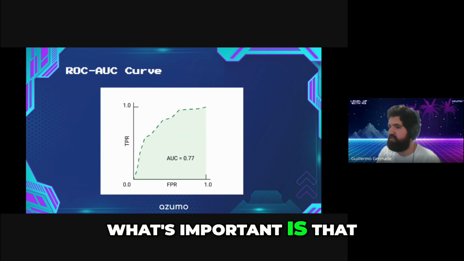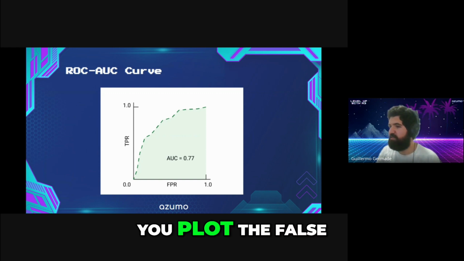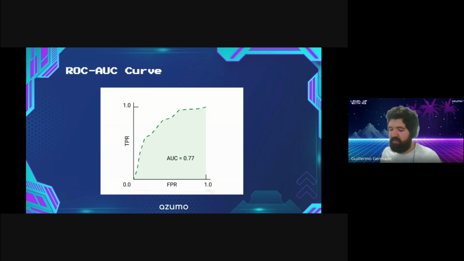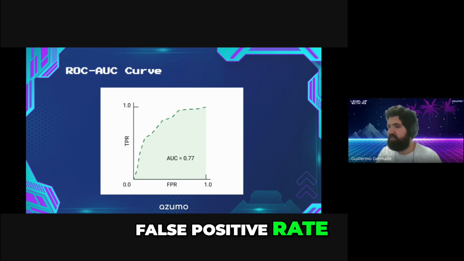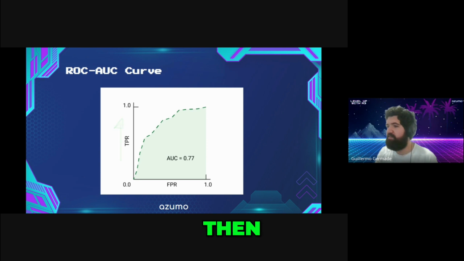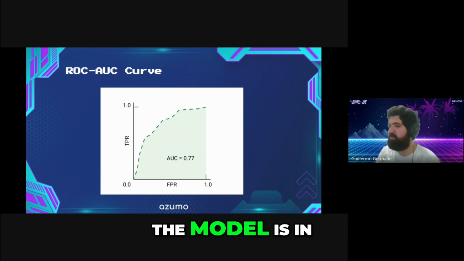What's important is that in this curve, you plot the false positive rate of a model. So if a model has 70% false positive rate and 60% true positive rate, then a point on this chart just shows where the model is in terms of the balance between these two.